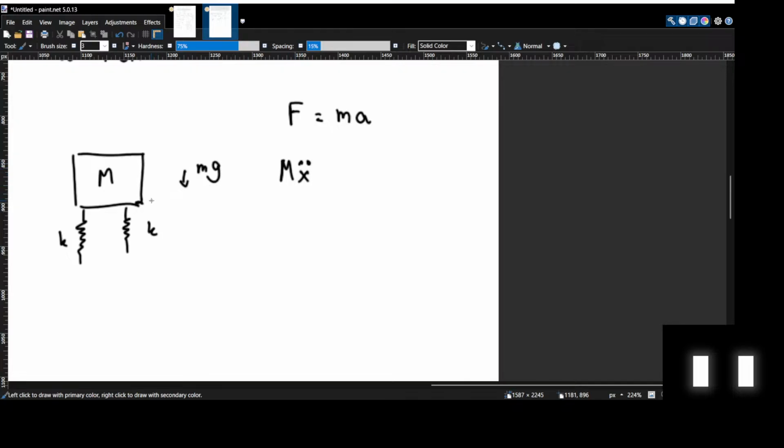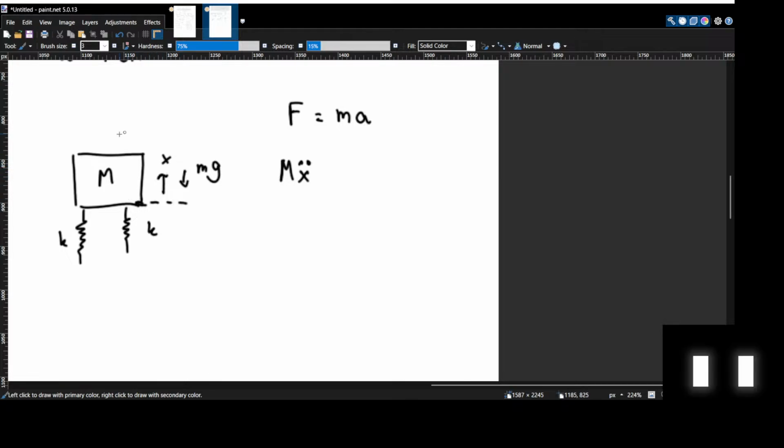x is going to be the displacement from the original point, like if there's no m, how long will the spring be?